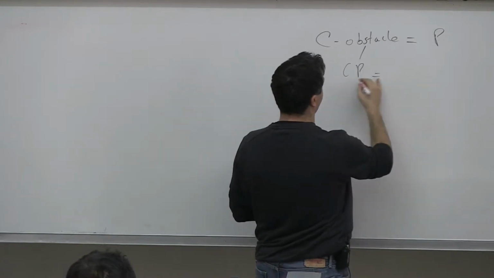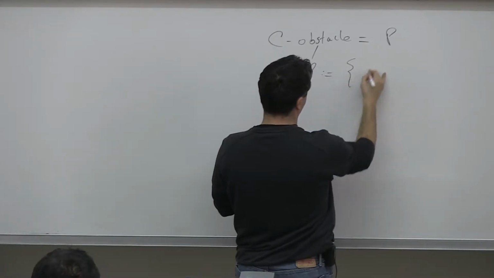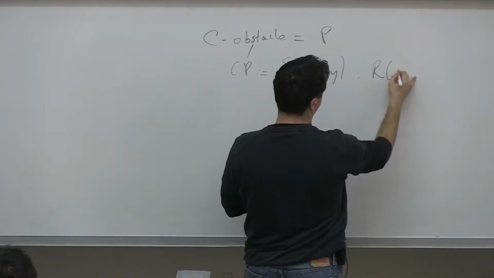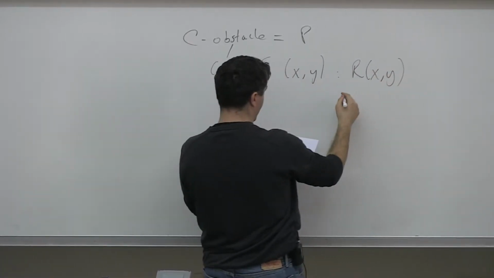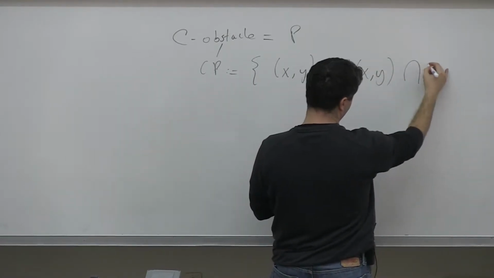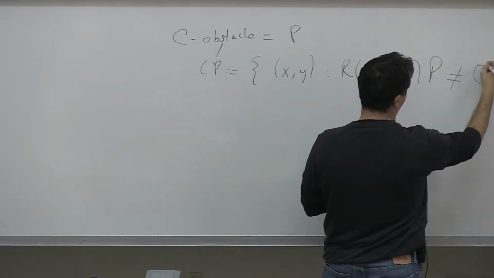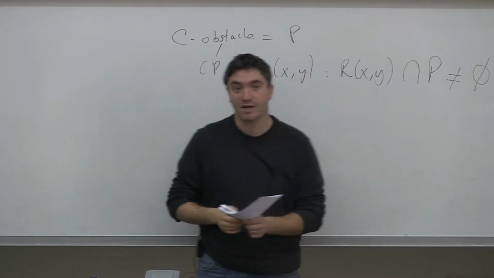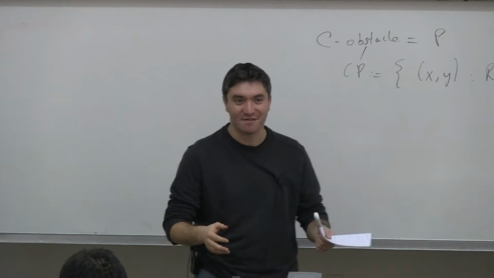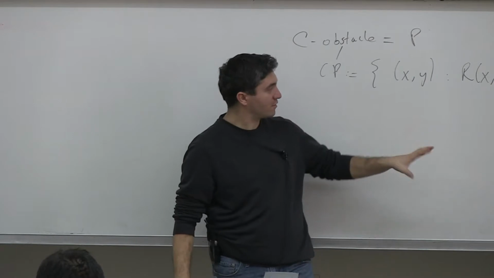It's going to be the set of all xy in which our robot's configuration, mapping from the configuration space to the workspace, has an intersection that is not equal to the empty set. So just as you said, our xy is actually a mapping from the configuration space to the workspace.